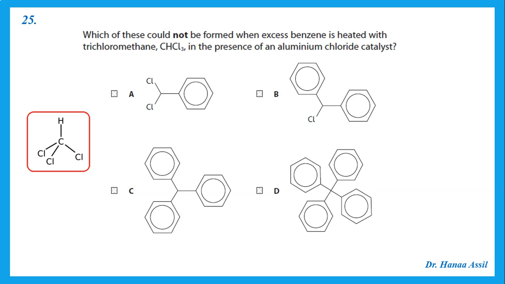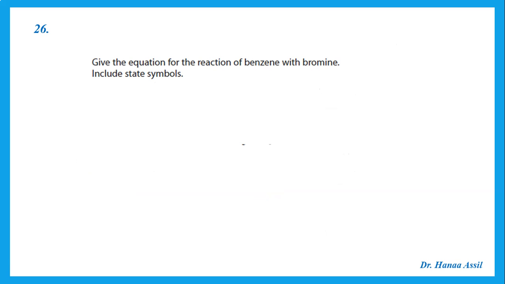We have 3 chlorines, so we can replace only 3 chlorines. So we can put only 3 benzene rings. We cannot put 4 benzene rings on that molecule. So this is the structure that could not be formed when we react benzene with trichloromethane.